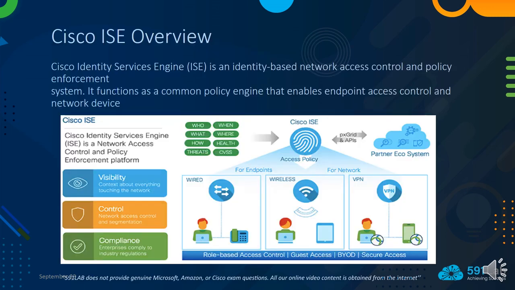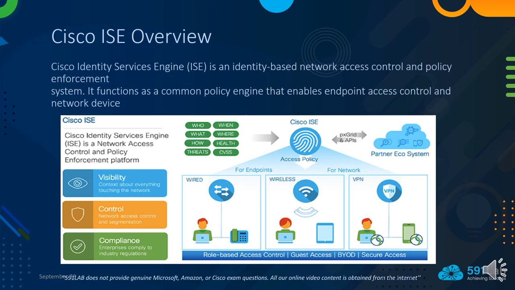So what is ISE? ISE is Identity Services Engine. It's a NAC solution, a network access control solution. ISE gives you control and policy enforcement. So what can ISE do? When any device connects to your network, the ISE asks who is connecting to our environment.